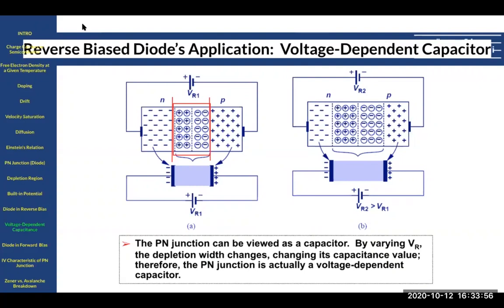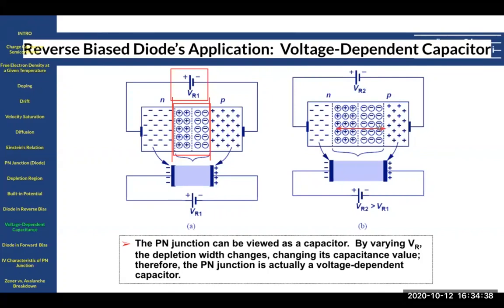And there is this voltage that we supplied here, reverse voltage. So minus at the P side and plus at the N side. And we form the region, right? And if we increase the reverse voltage, what happens is this region gets much bigger, as I explained in the previous slide. And when this region gets much larger, the capacitance drops, because capacitance is inversely proportional to the dimension.